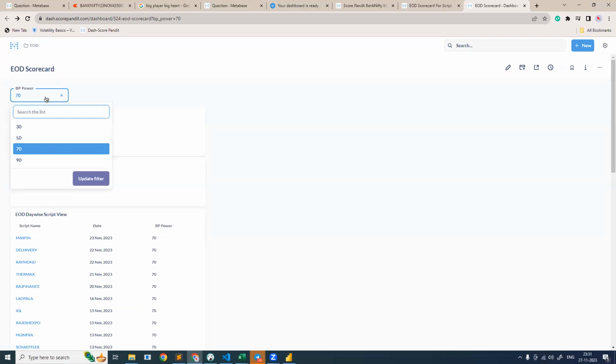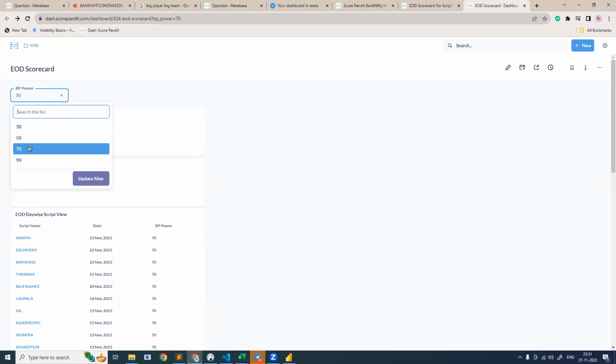We also try to identify any big player's presence if encountered in that stock, and try to measure and classify the power of that big player, which we call BP power, between 90, 70, 50, 30.